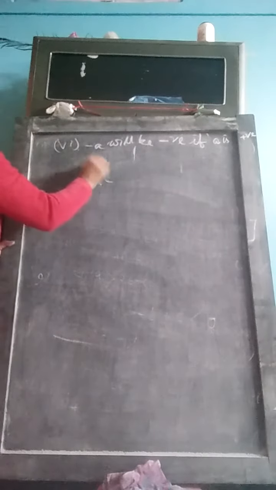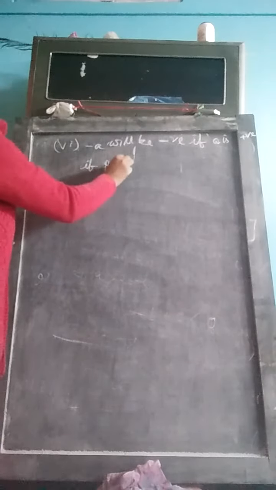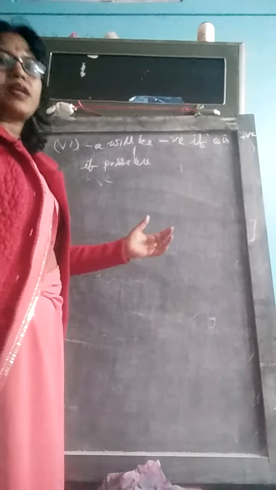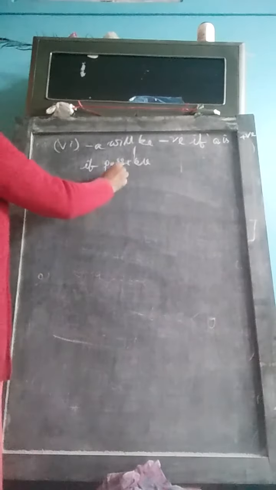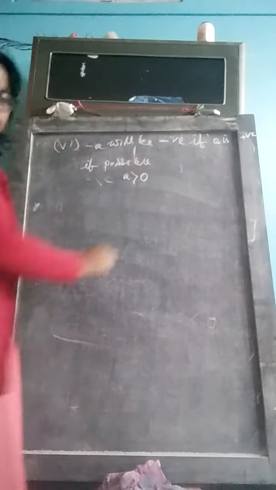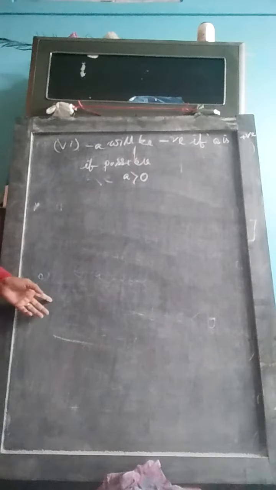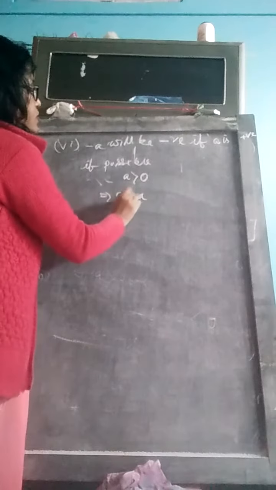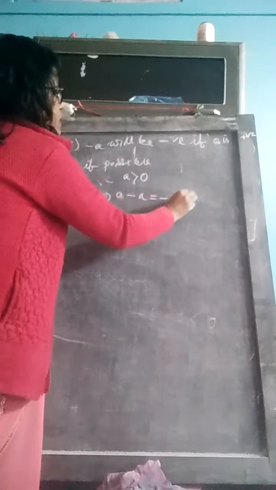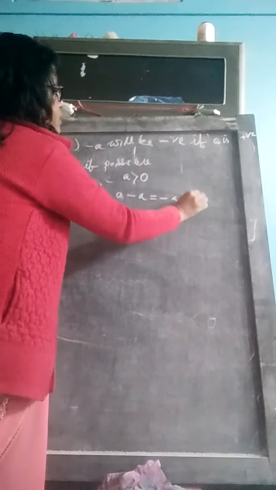If possible, something we assume, and if we find our assumption is wrong, then it is false. If possible, a is greater than 0. Okay, then 0 minus a is this one, minus a is less than 0.